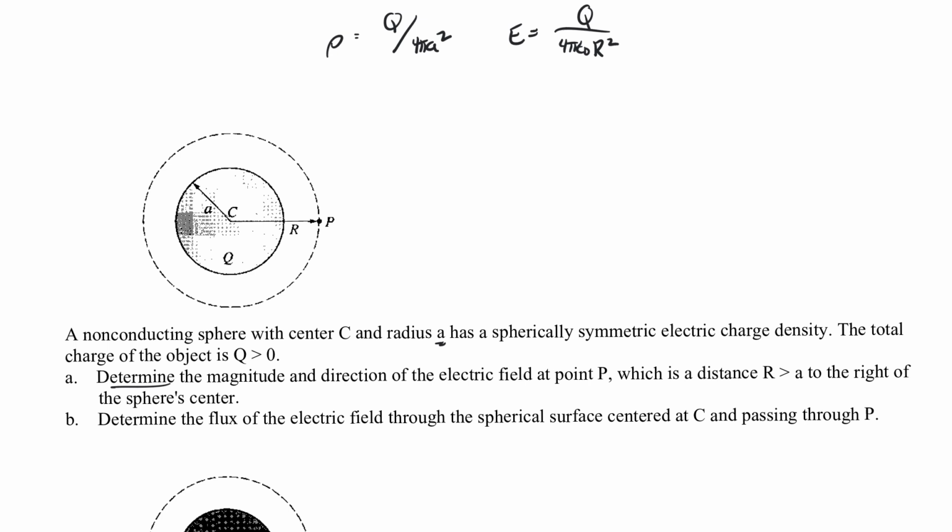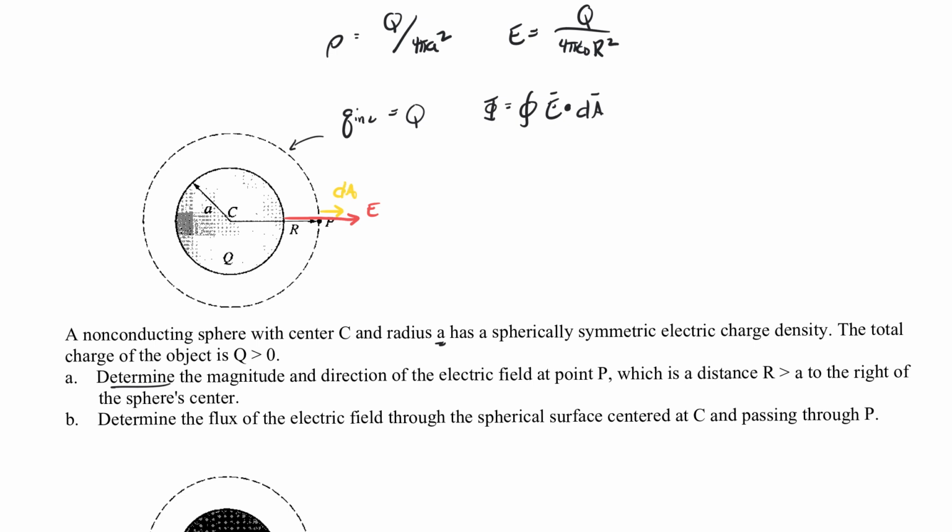If that dotted line that's there was our Gaussian surface, then we would have Q enclosed equal to Q, and the calculation of our flux, E dot dA, will just be a couple of quick steps. First, dealing with the dot product, the direction of the electric field from the sphere is this way, and the direction of the area is that way.